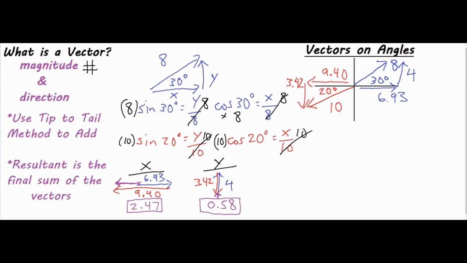So for our final right triangle, we have 2.47 horizontal to the left. And then we also have 0.58. That one is going slightly upwards.